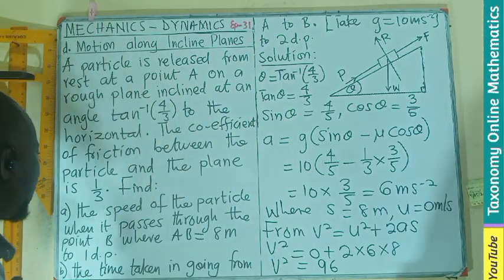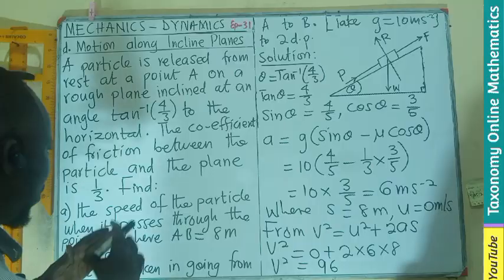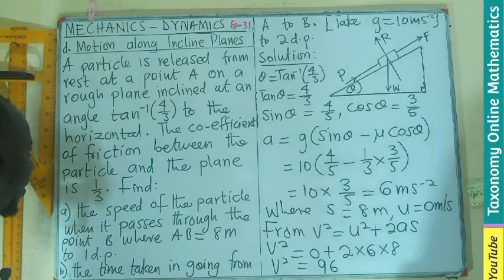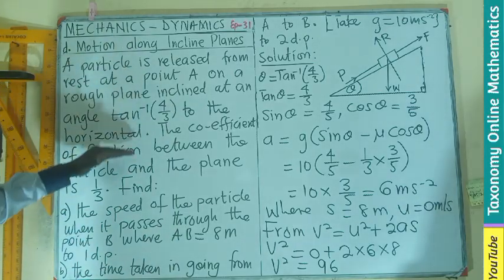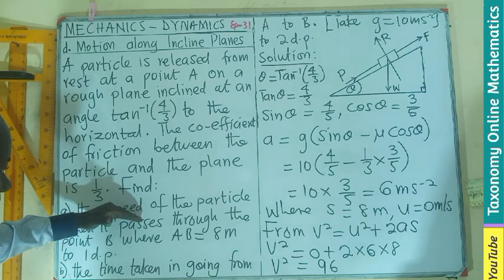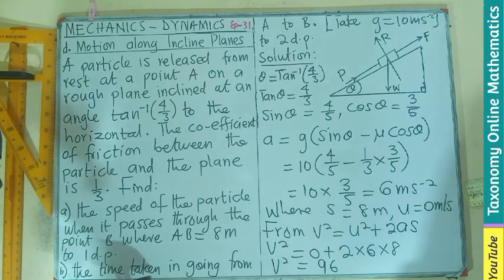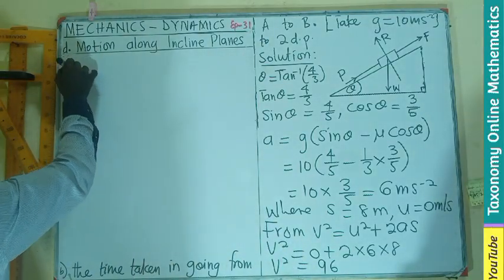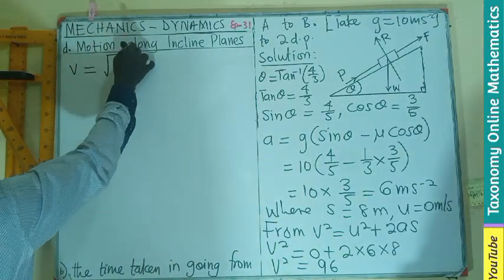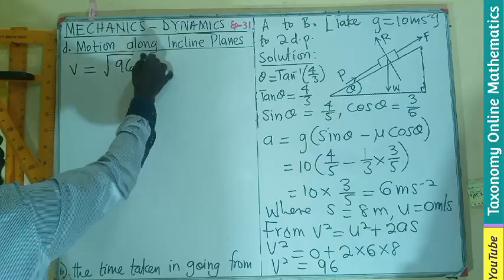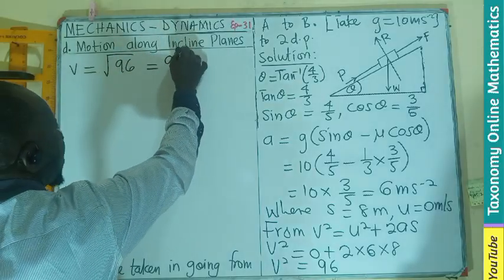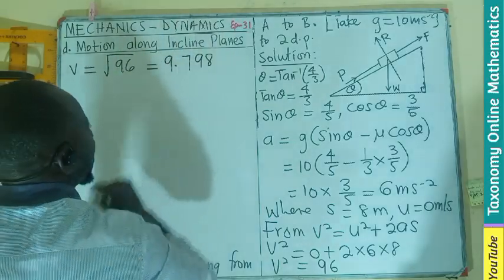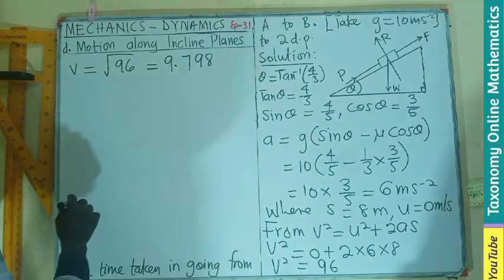Let's clear this part, but let's take note of all information that is being given. I think we have seen all the information. We have this. The next is to find time. So we can clear here and continue. Right from here, we can see that our velocity will now be equal to the root of 96, which is 9.798, but we are looking for the speed, right?